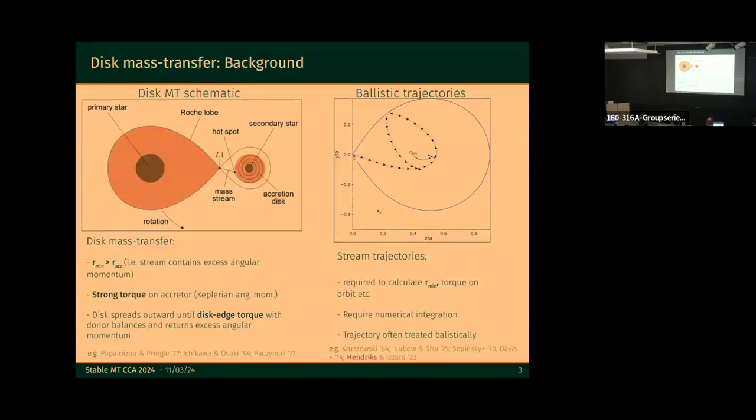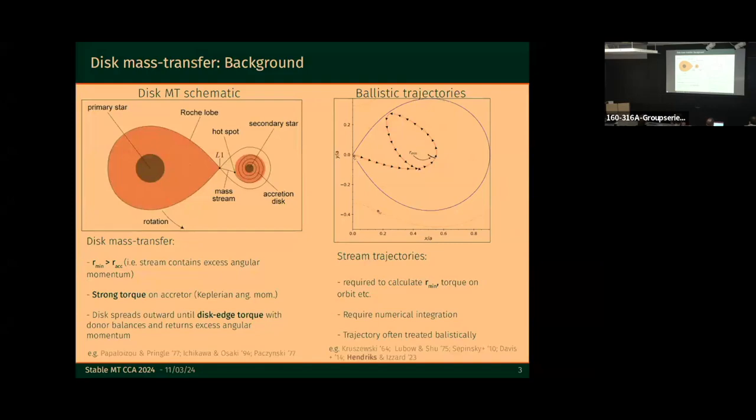So this whole project basically comes from a desire to put disk mass transfer properly into population synthesis codes, for reasons that some of us here are well familiar with. But whether disk mass transfer occurs depends on the mass transfer stream and the size of the accretor.